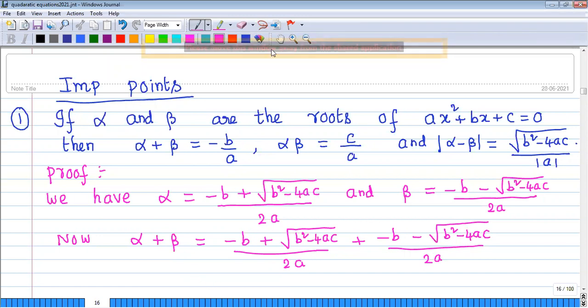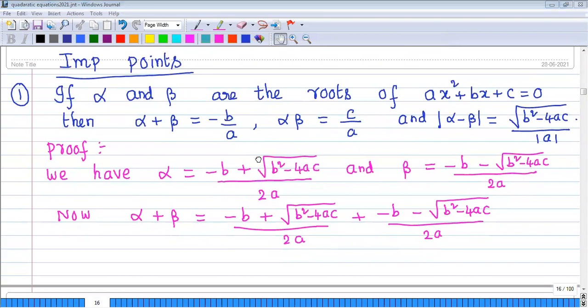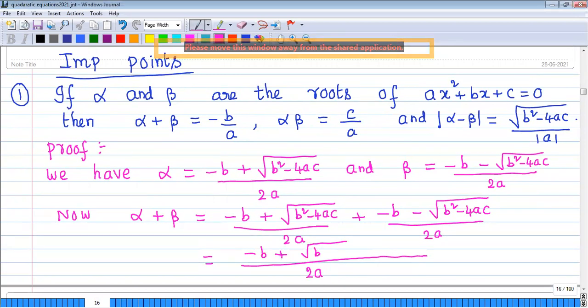Now here, what is the LCM? We have 2a, we can take it as the LCM: minus b plus root of b square minus 4ac.